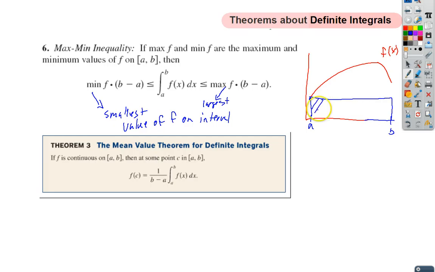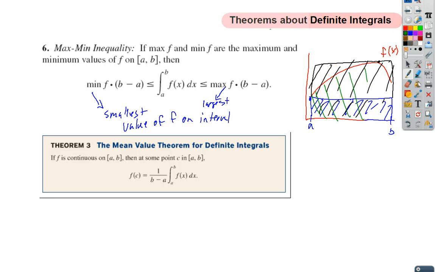Boom. There's that area. And then I have max of f times b minus a, which is this big thing right over here, this whole area. And then my actual integral value is this stuff in between.